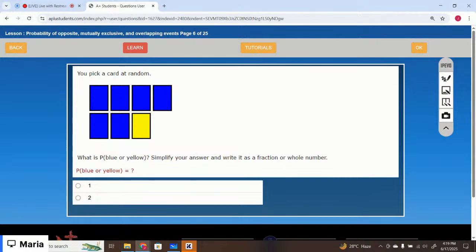You pick a part at random. What is the probability of blue or yellow?